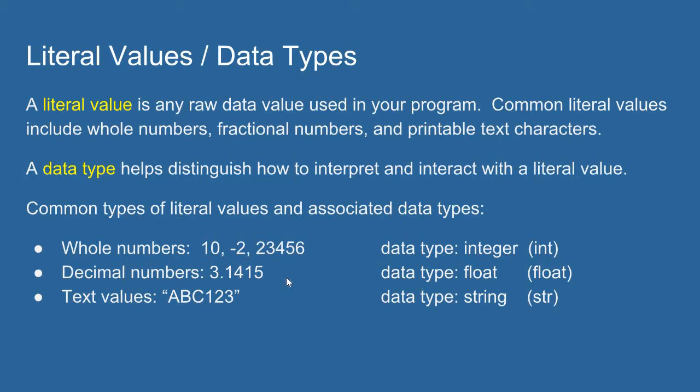If we want to work with decimal numbers, then we will associate those with the data type float. So float represents numbers with decimal portions. And then finally, if we want to work with a string value, printable character values, we are going to represent that with the data type string. So a string represents printable characters.